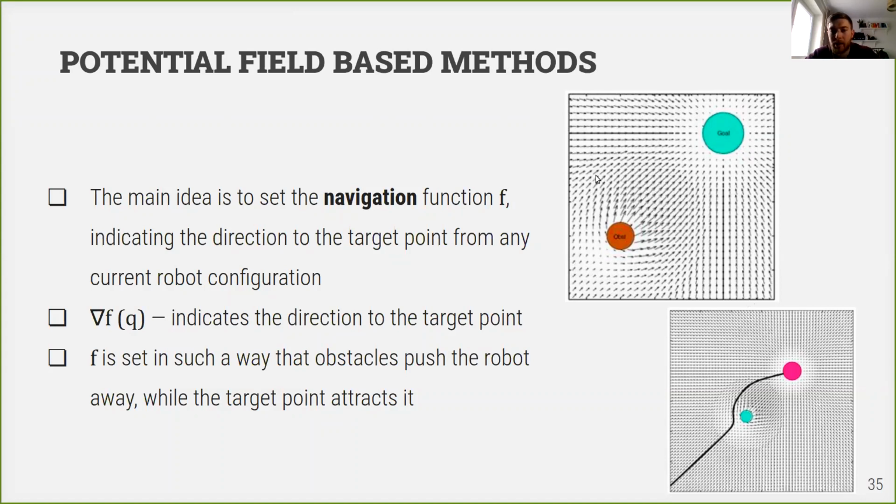This method has a potential drawback. For example, if we have an obstacle in the shape of a square, there is a minimum of our potential field, and this is a situation where our robot cannot move from this obstacle and it will be stuck. So there are also modifications to this potential field method where robots sometimes move in a random direction just to avoid these minimums of potential field.